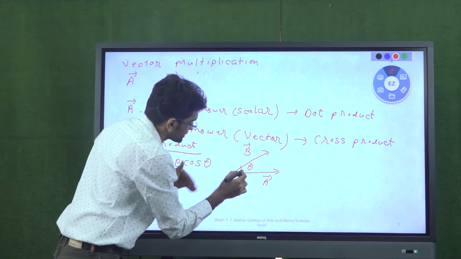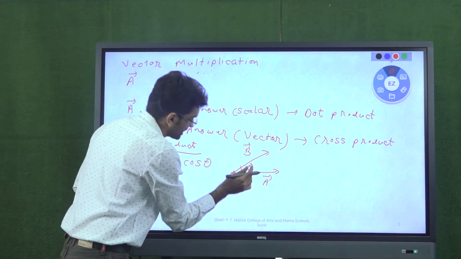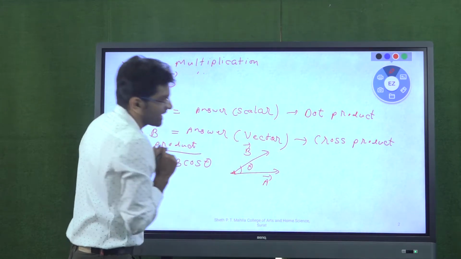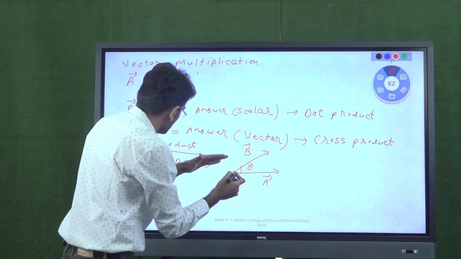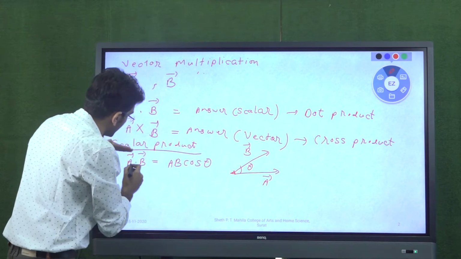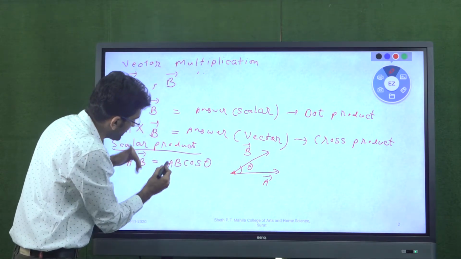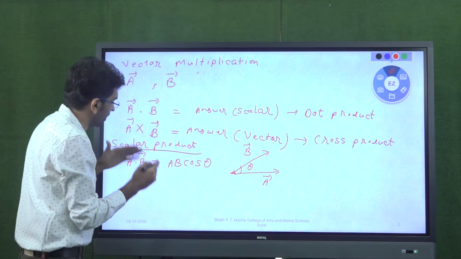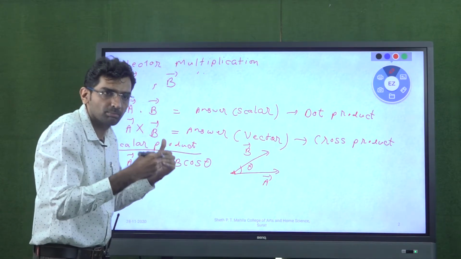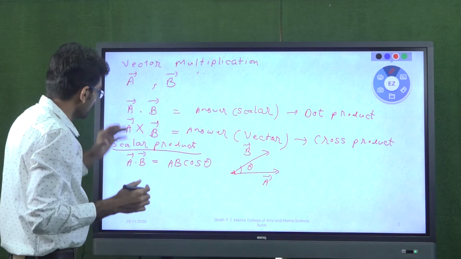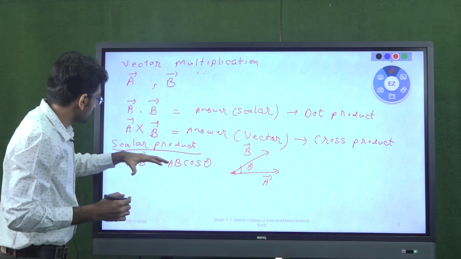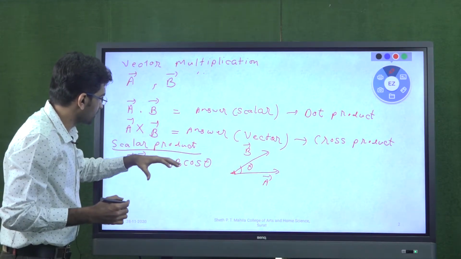But we have to consider the smallest angle. So the smallest angle between A and B is theta, and that's why A dot B is AB cos theta, where A and B are the magnitudes of vector A and vector B respectively. So this is the scalar product of vectors.